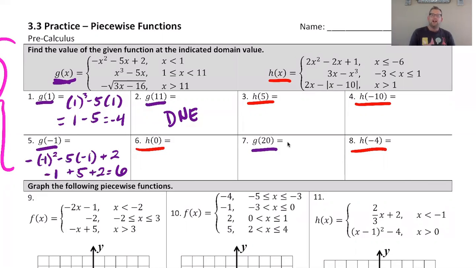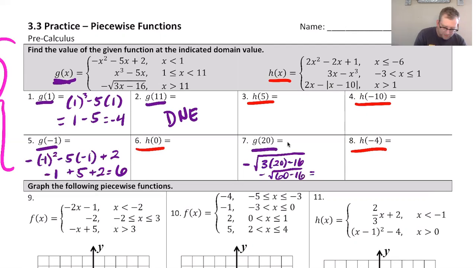Okay. And then g of 20, so I'm going to have that 20 satisfies the domain restriction of that last function. So I have negative square root of 3 times 20 minus 16. So that's 60 minus 16. So what's that going to be? 44?